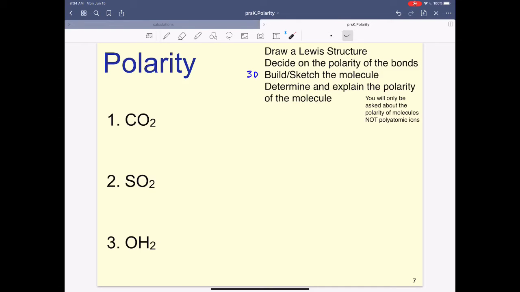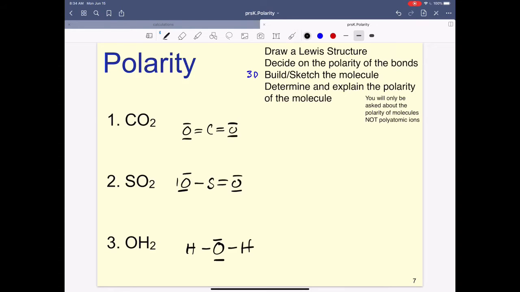Again, we want to distinguish between the polarity of the bonds and the polarity of the molecule. So having drawn a Lewis structure for these three molecules, we could use an arrow to represent that each of these bonds is polar towards the oxygen being the negative end of the bond, and thus pointing inward for the water molecule.